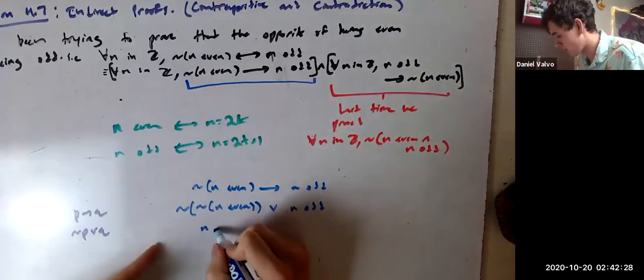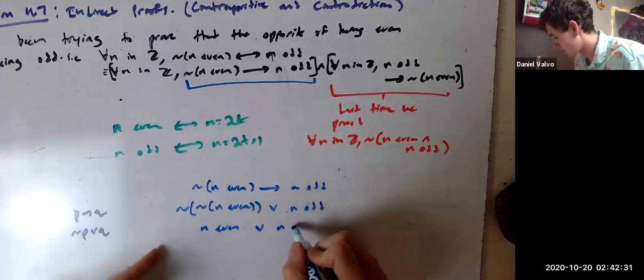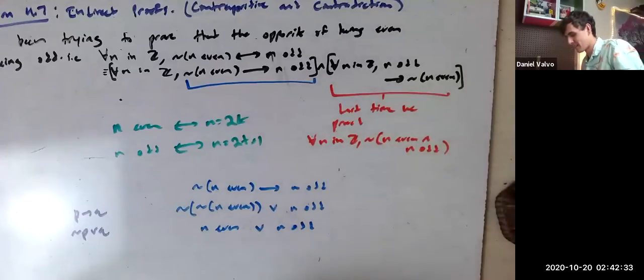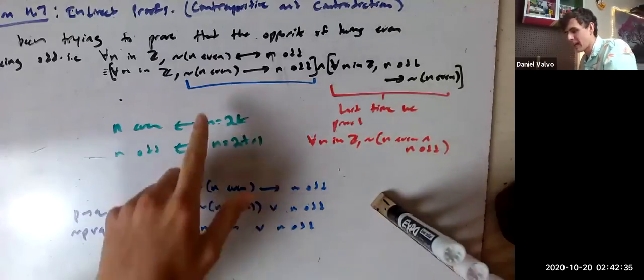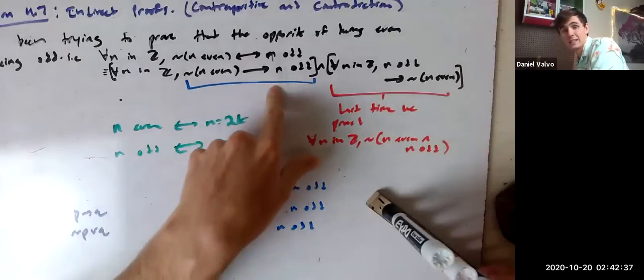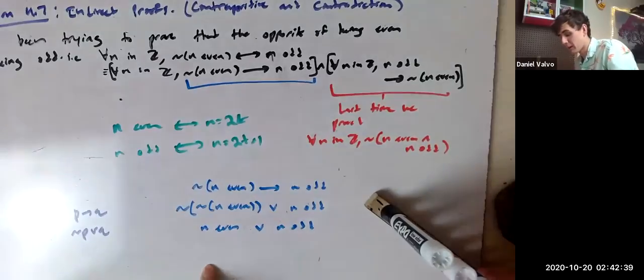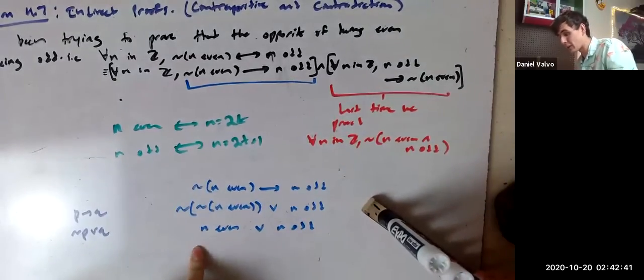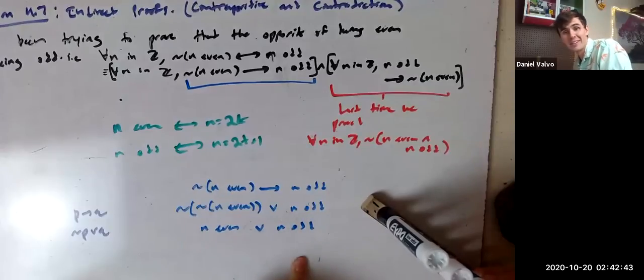Not (not n even) is the same thing as n even or n odd. So proving that n not even implies n is odd is the same thing as proving that every integer is either even or odd.